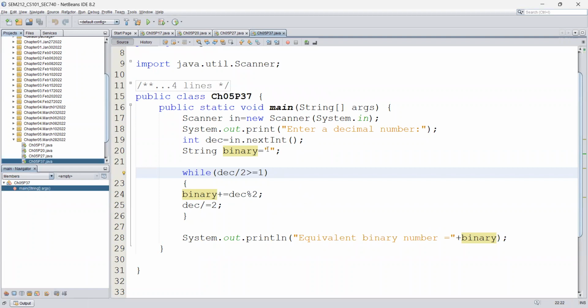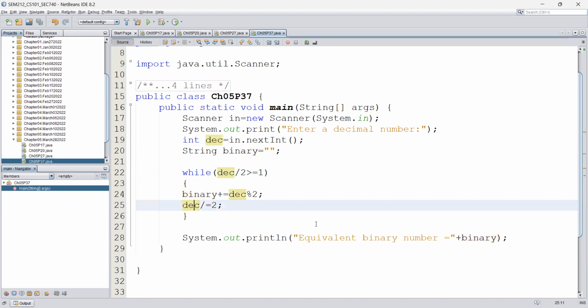We started with empty. We keep on going unless it remains greater than or equal to 1. Okay. Binary plus 2, because we want to convert it into the binary number system, and then we are updating decimal as decimal divided by 2.